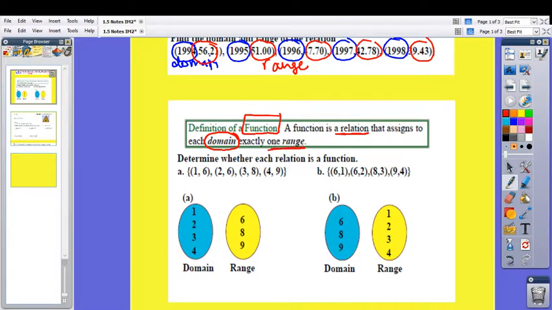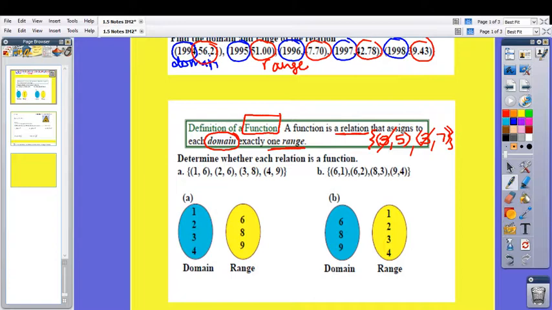So basically you cannot have 3 related to 5, and in the same set 3 again related to 7. You cannot have that. So the domain values cannot repeat. Okay.